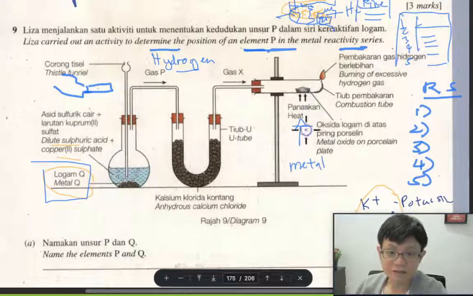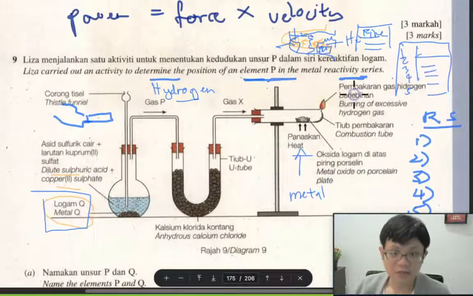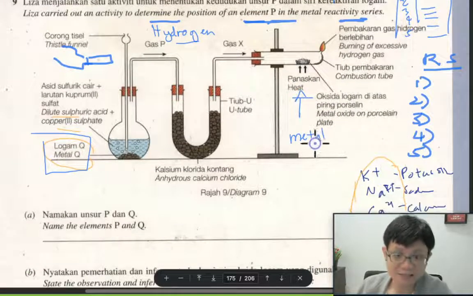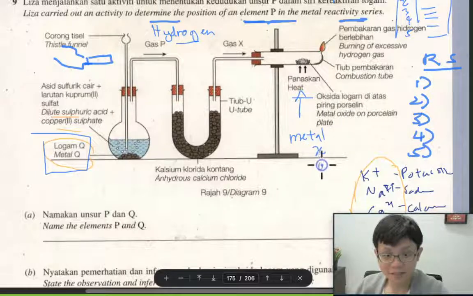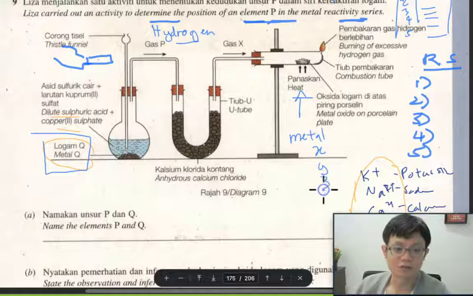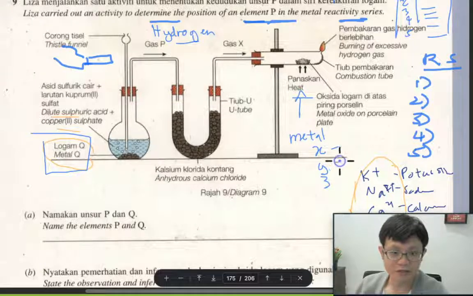Okay, so this one is a metal, and I don't know the metal, but we already know the reactivity series. Usually the question will ask something like this: metal X, metal Y, metal Z, metal ABC, whatever. Then they will ask you what is X, what is Y, what is Z.